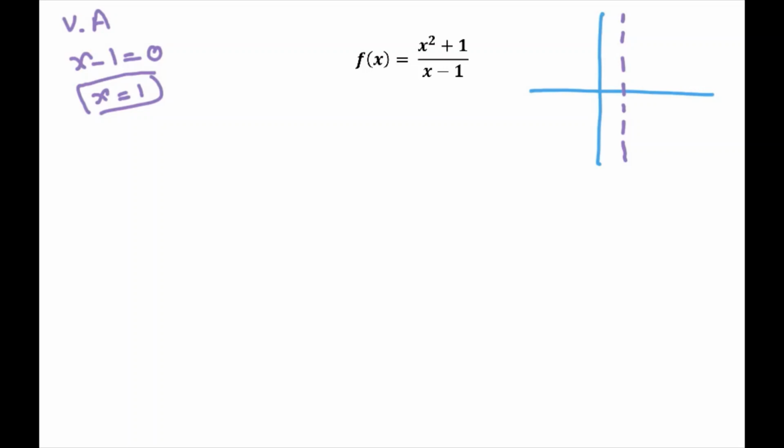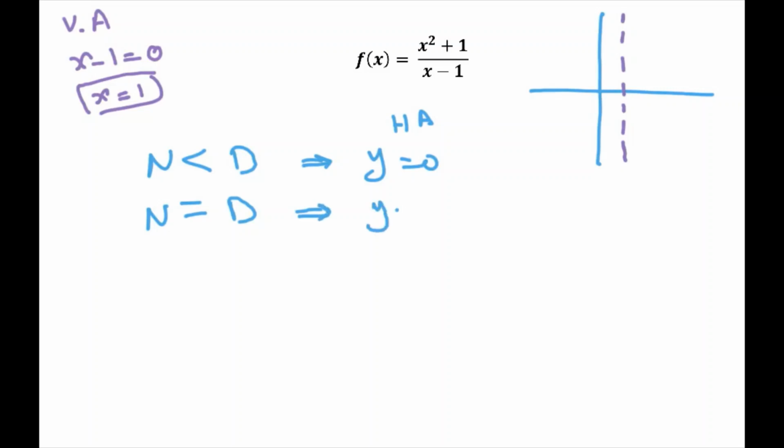Now let's look at whether we are going to have a horizontal asymptote or an oblique asymptote. Well, by looking at the degree of the numerator and the degree of the denominator, we can decide. If the degree of the numerator is less than the denominator, then we have a horizontal asymptote at y equals 0. If the degree of the numerator is equal to the degree of the denominator, then we will have a horizontal asymptote at y equals the ratio between the leading coefficient in the numerator over the leading coefficient in the denominator.